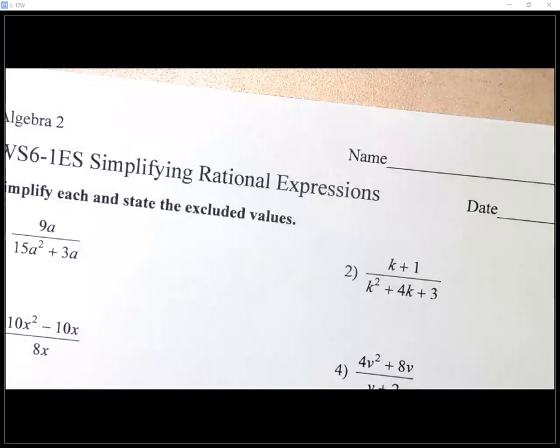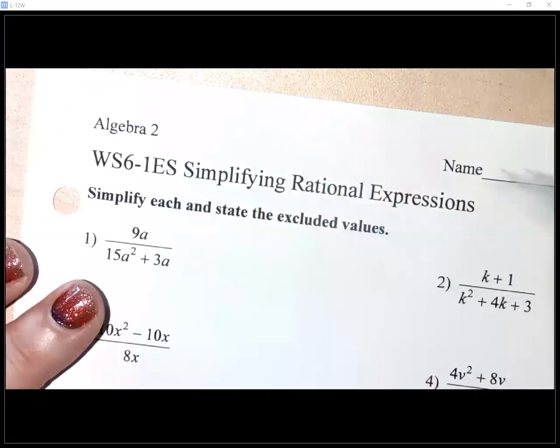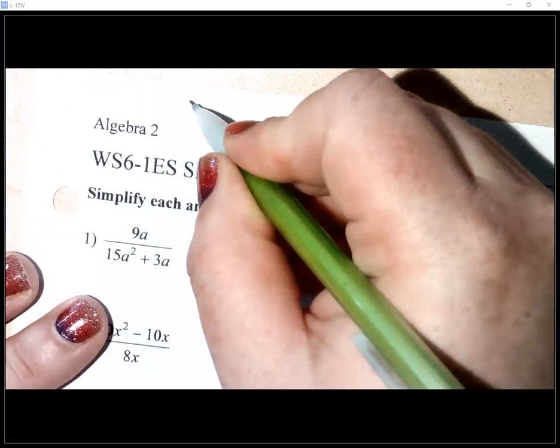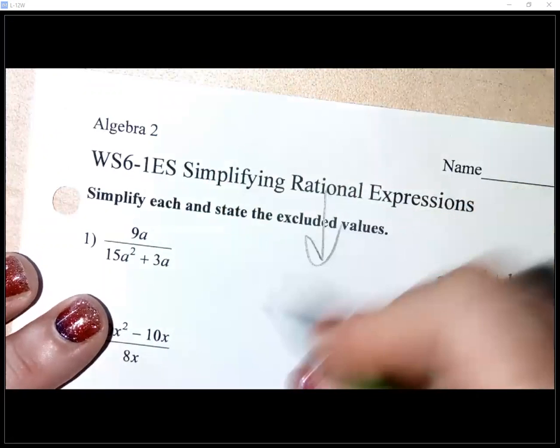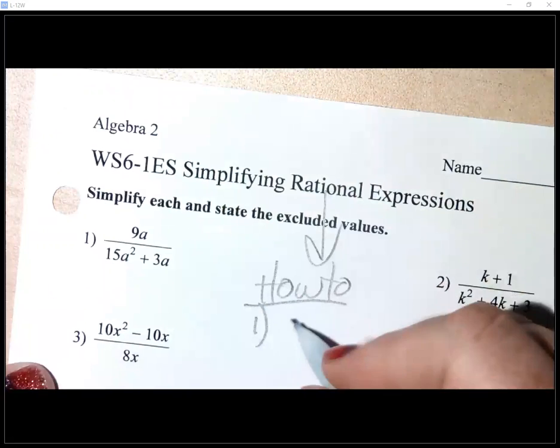All right, so there's really only two steps. To simplify any of these rational expressions, you are going to first factor numerator and denominator separately.